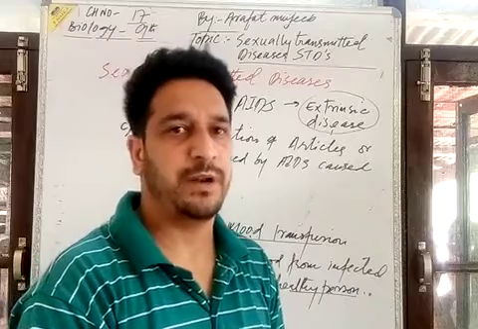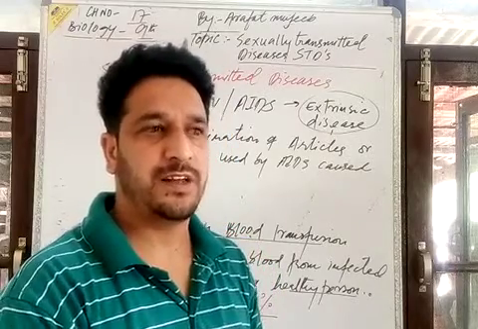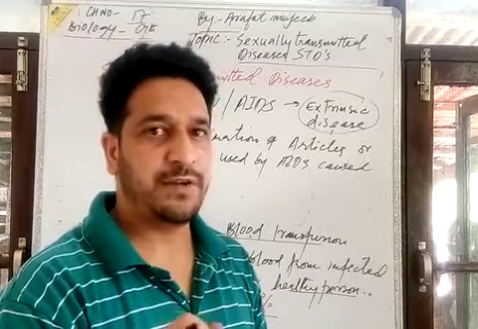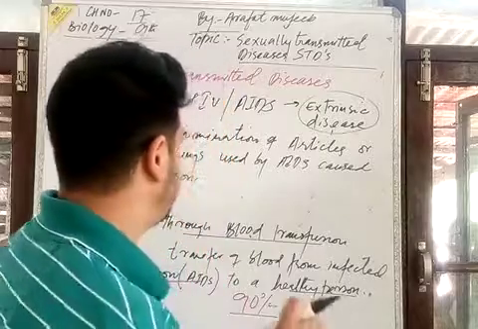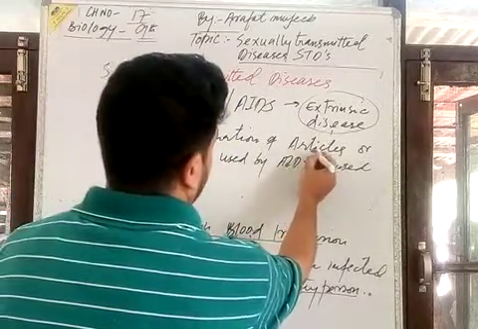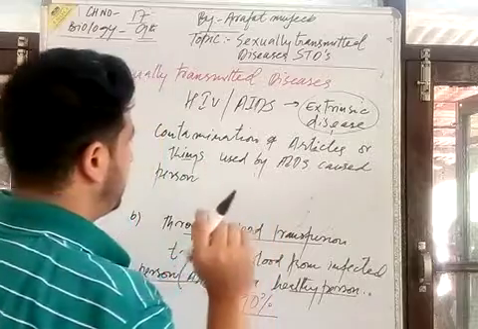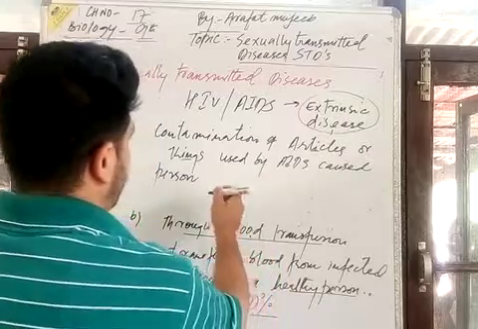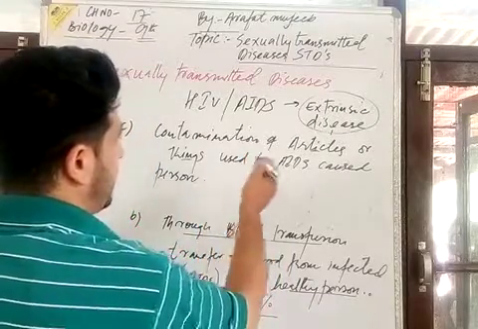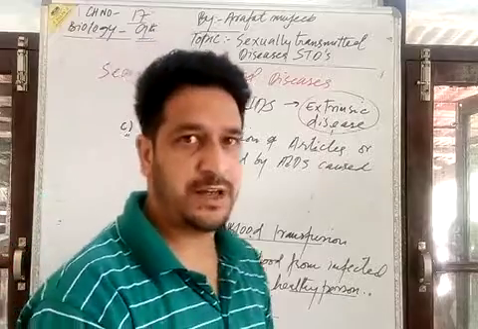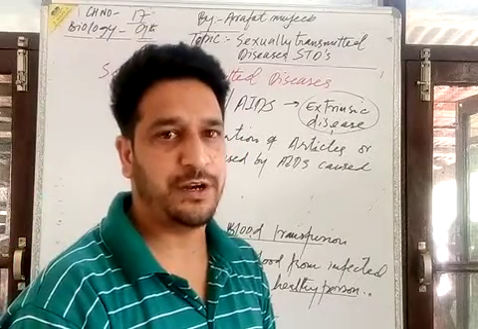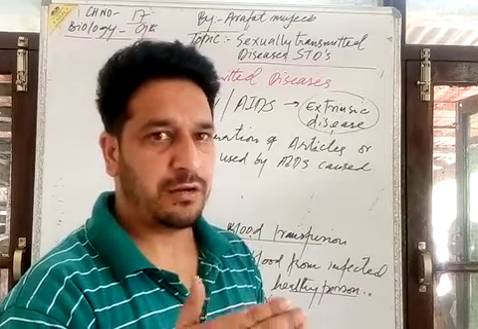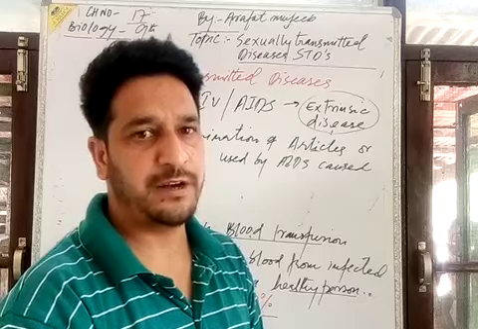say needles, syringes, razors, blades, other articles which have direct contact with blood, they are used by the AIDS-infected person before, and then a fresh, healthy person uses those contaminated needles, syringes, contaminated articles which have direct contact with the blood of the AIDS-infected person.